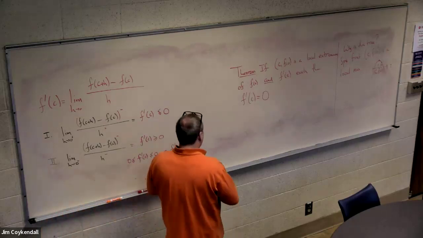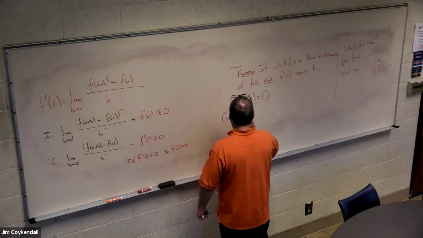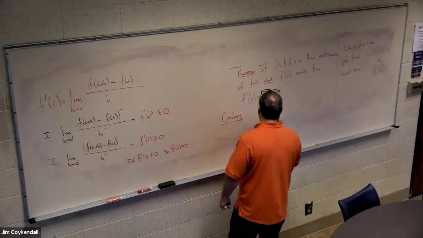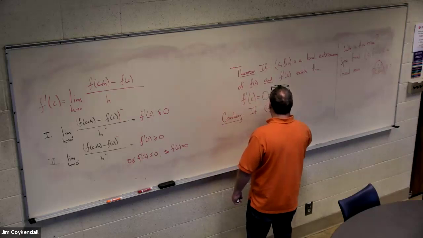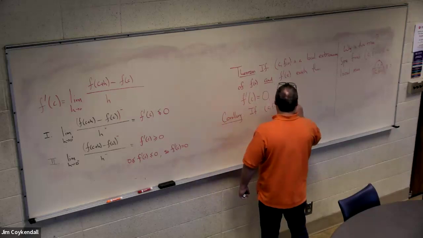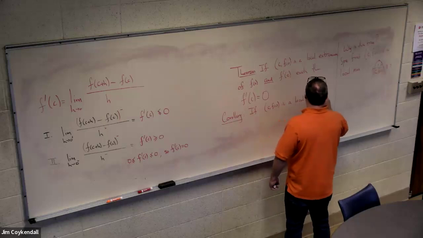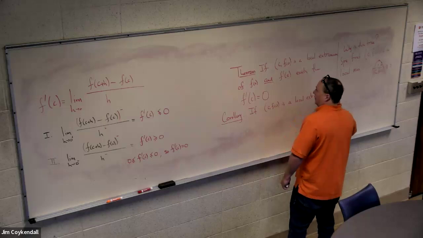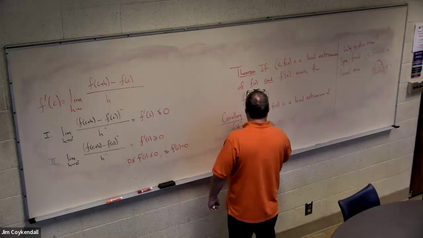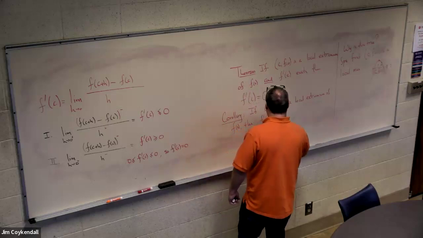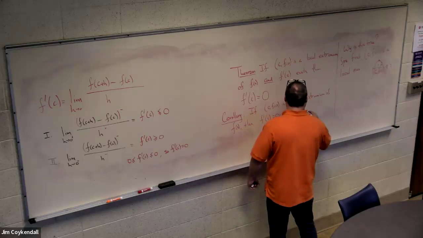Yeah. So let me give you a corollary to this, a spin-off. If f of c is a local extreme of f of x, then f prime of c equals zero, or f prime of c does not exist.